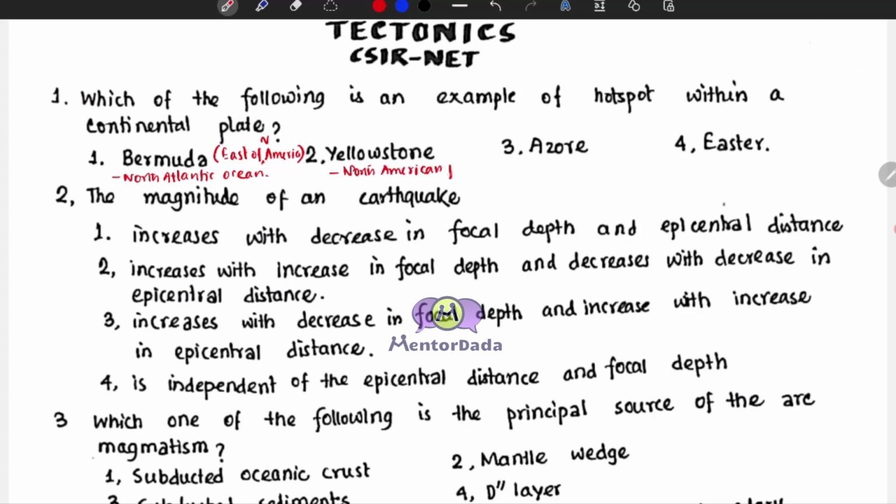So this is your correct option, Yellowstone.